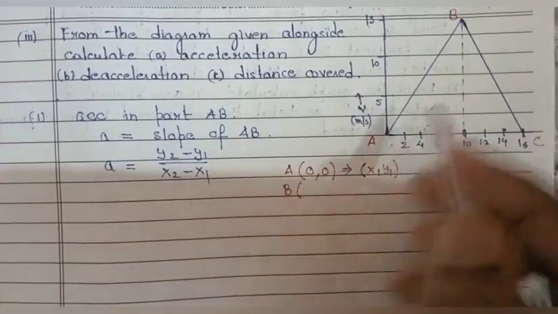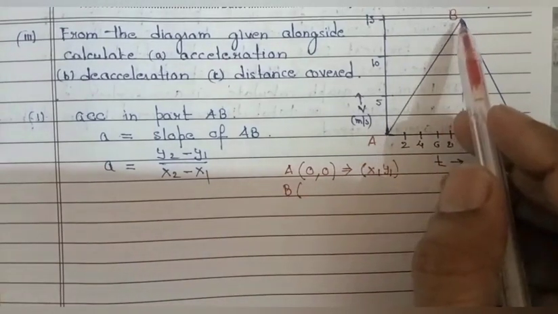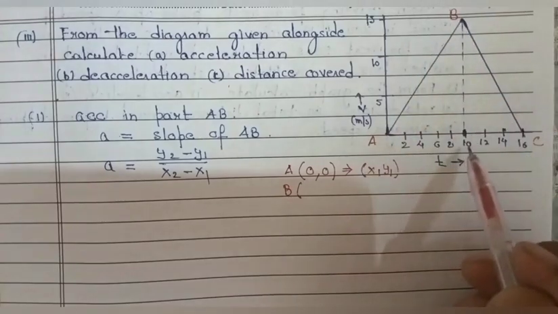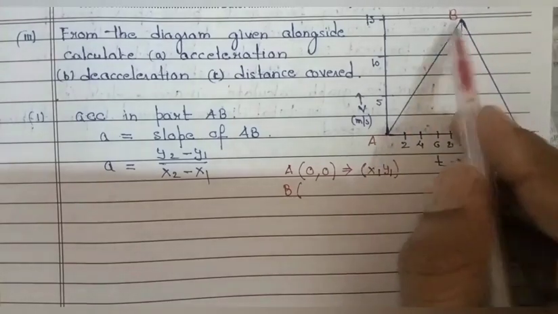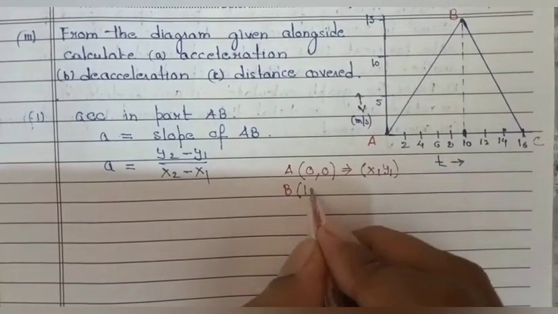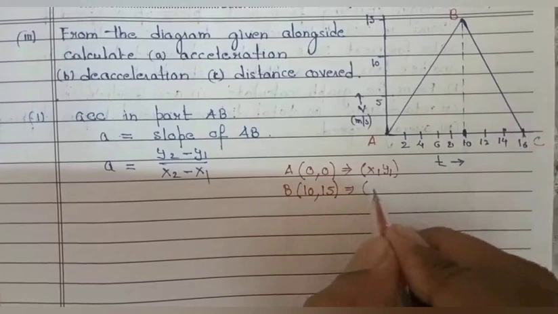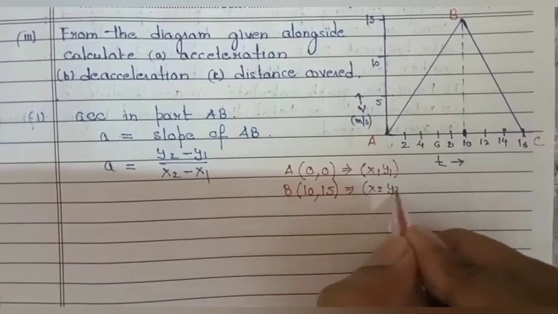The second point is B. Now you can see what the coordinates are at point B. At B, the x coordinate is 10 and the y coordinate is 15. So we have 10, 15. The second point will be named x2, y2.